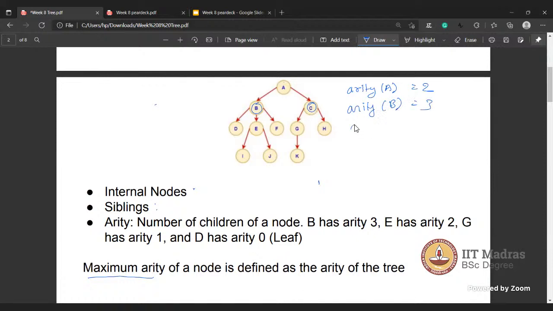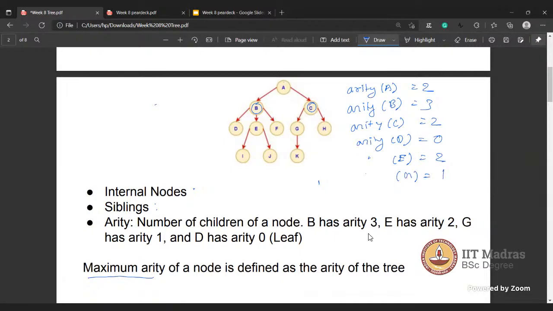Arity of C? 2. Arity of D? 0, sorry, 0. Arity of E? 2. Arity of F is 0. Arity of G? 1.